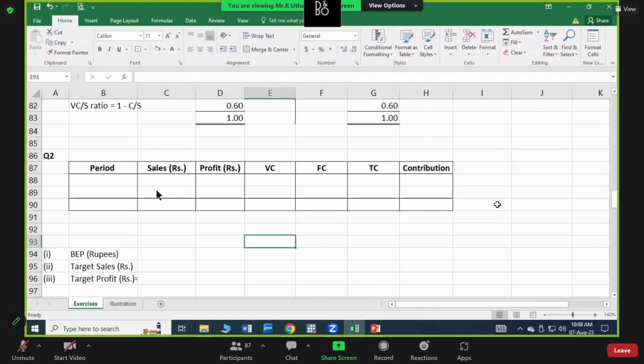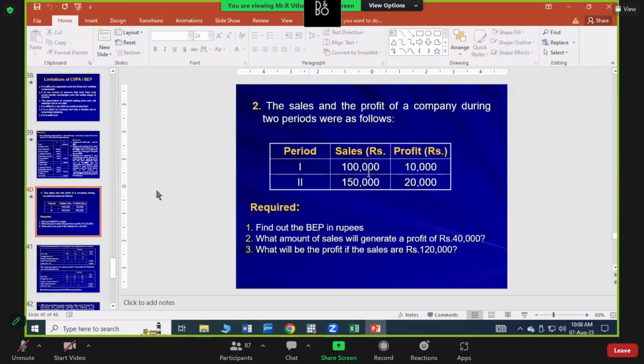Before you answer this one, you want to get the data into this kind of needed form. The raw data says only the period, sales, and the profit.